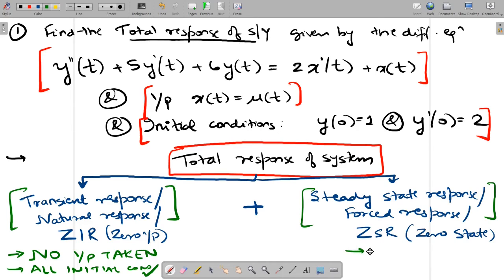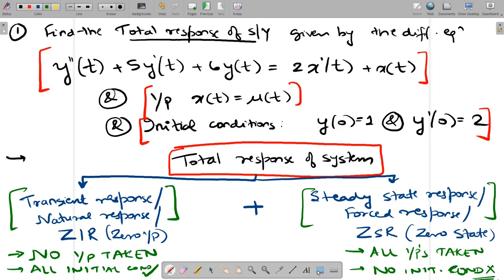For zero state response, all inputs are taken, no initial conditions. So let us try this sum out by knowing these facts.